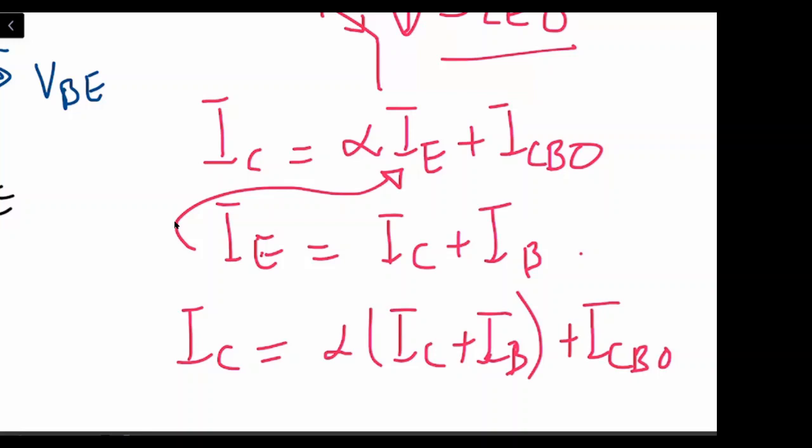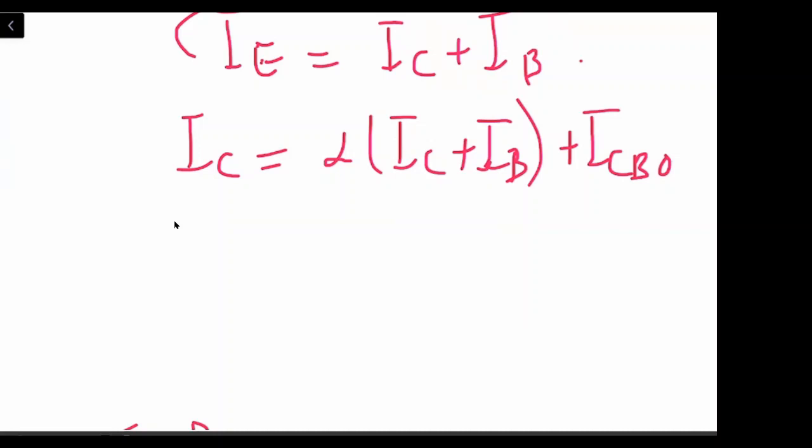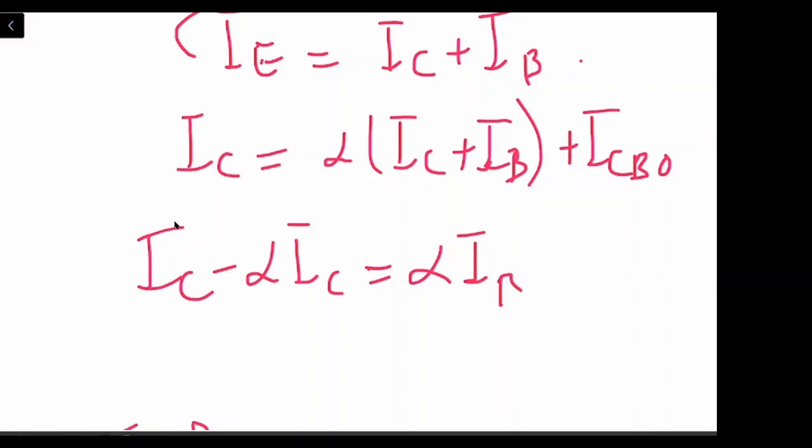Or what we can say is that we will have IC minus alpha times IC is equal to alpha times IB plus ICBO, right?